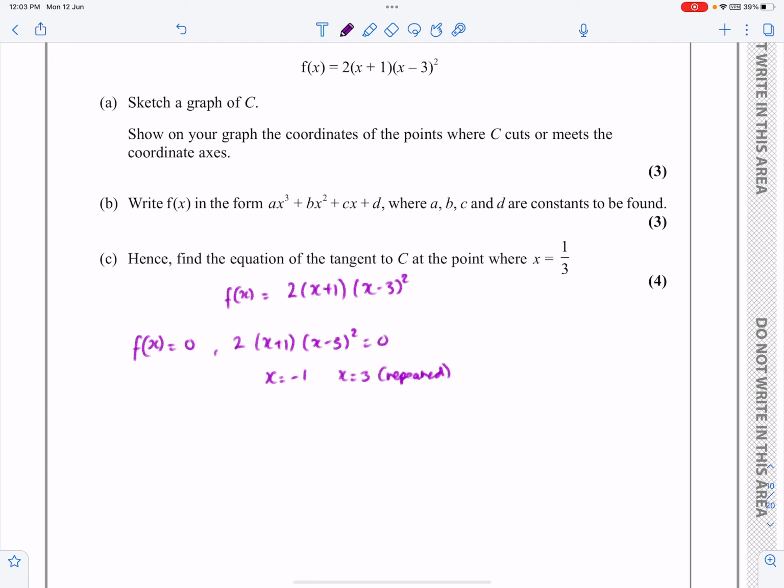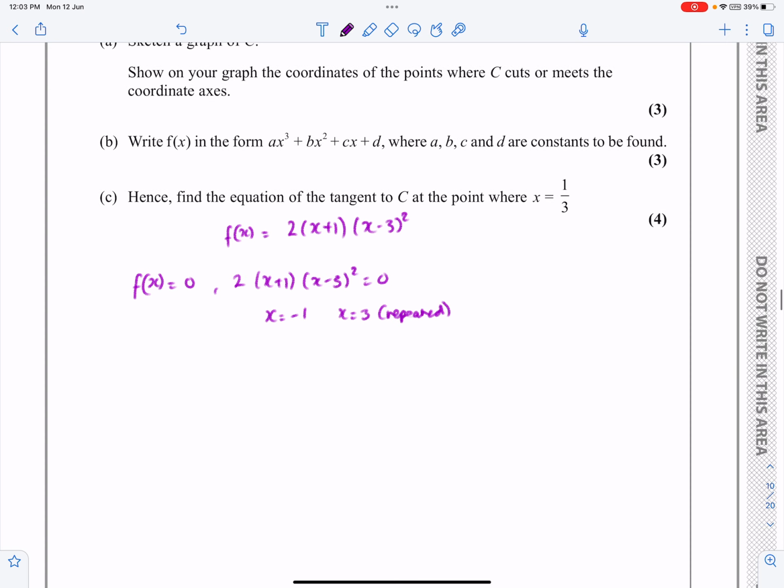Now normally I don't bother saying it's repeated, but that tells me that whereas x equals -1 is going to cut through the axis, x equals 3 is just going to sit on the line. Because I know that my cubic is a positive cubic, that means it's that shape there. That's pretty much enough information to get started with my graph.